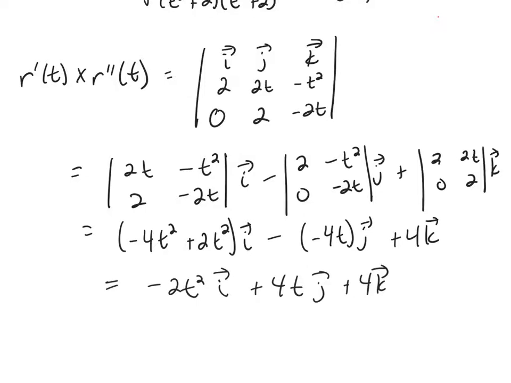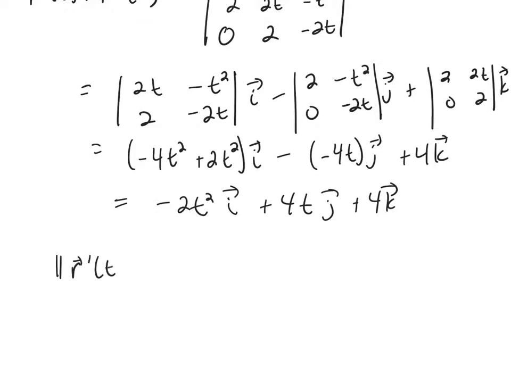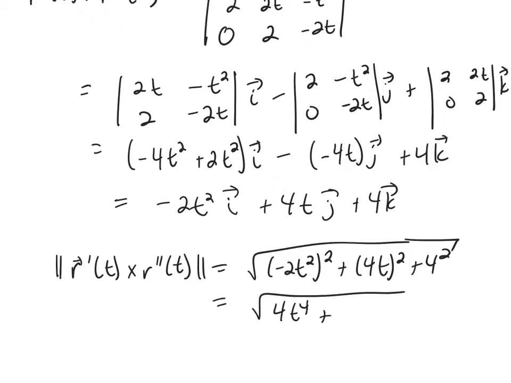And I need the magnitude of this vector here, the magnitude of r prime cross r double prime. So the magnitude would be negative 2t squared, squared, plus 4t squared plus 4 squared. So we're getting 4t to the 4th plus 16t squared plus 16.